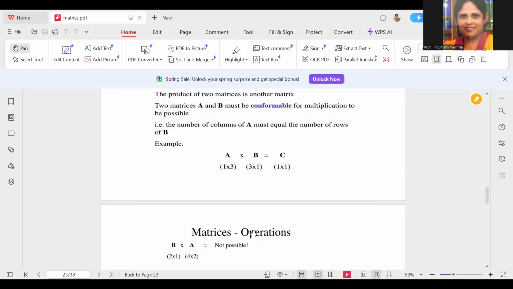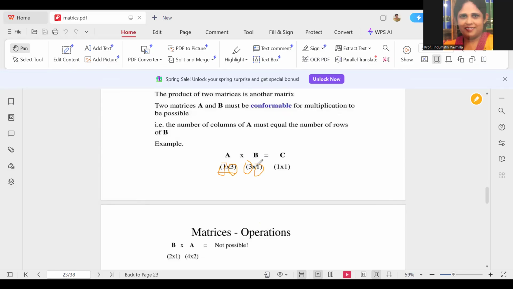I'll show you. You can see the first matrix, according to this given example, has number of rows equal to 1 and number of columns equal to 3. The second matrix has number of rows equal to 3 and number of columns equal to 1.